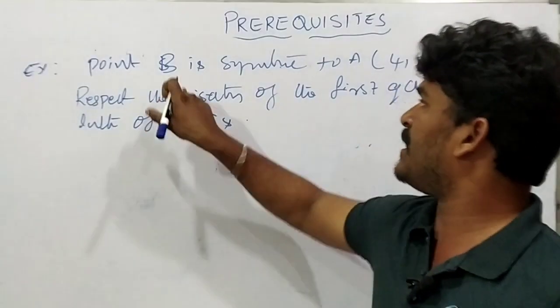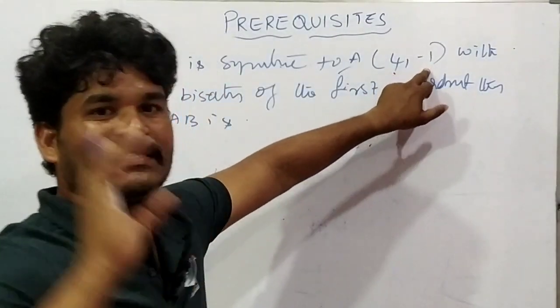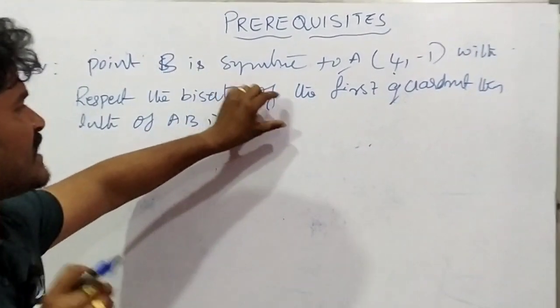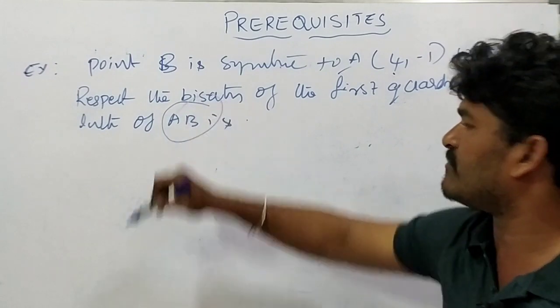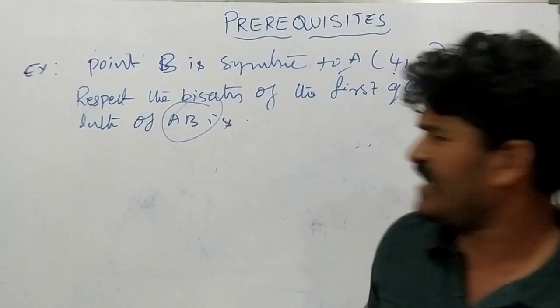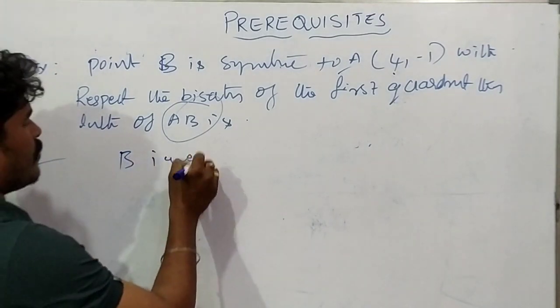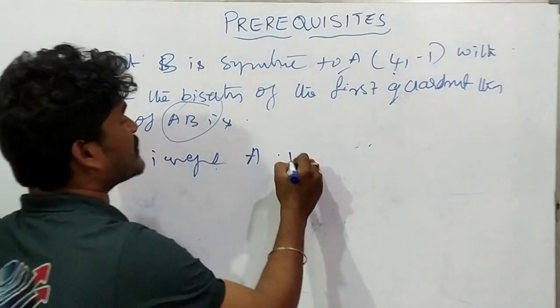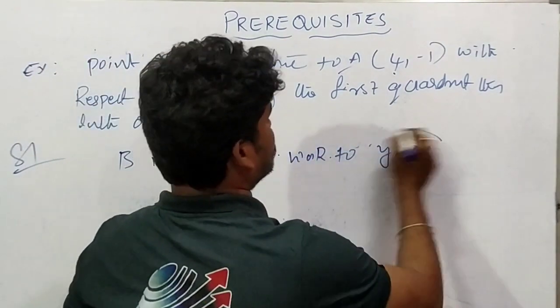The given question is: the point B is the symmetric image of A (4, minus 1) with respect to the bisector of the first quadrant, and we are going to find the length AB. What is the solution? B is the image of A with respect to y equal to x.